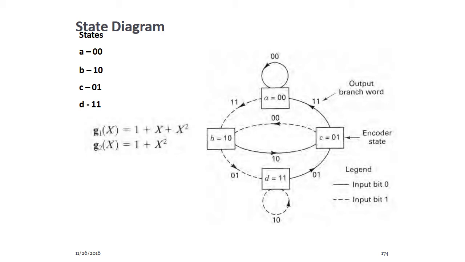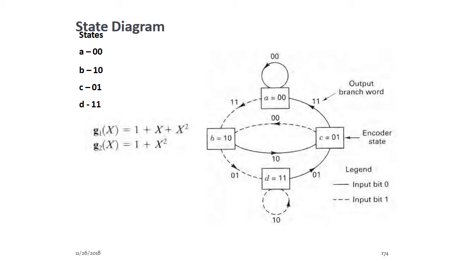This is shown by a self loop at node A in the state diagram. If the input is m equal to 1, then the state diagram shows the next state is B, with the output x1 x2 being 1 1. Likewise it will change.